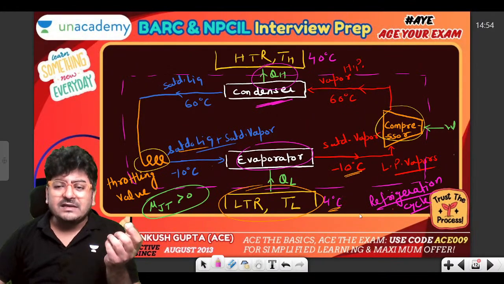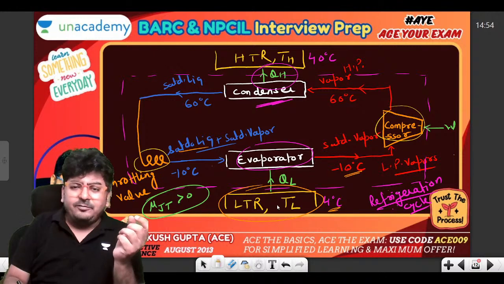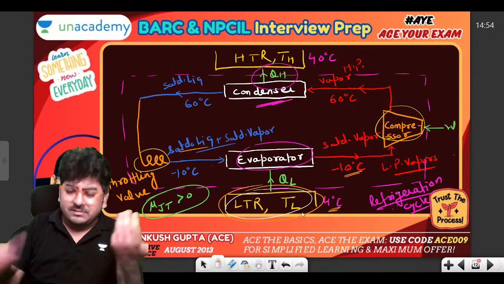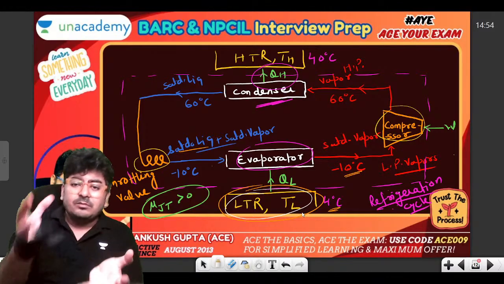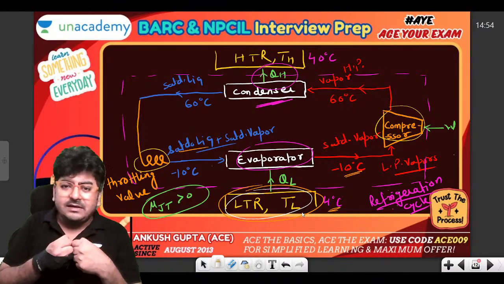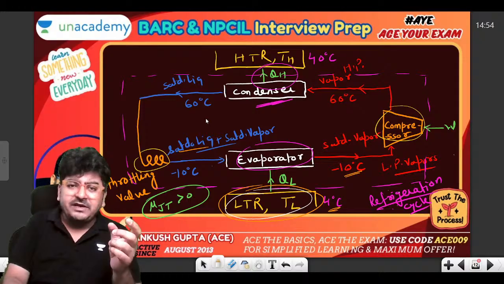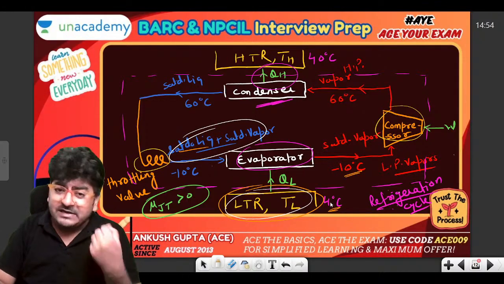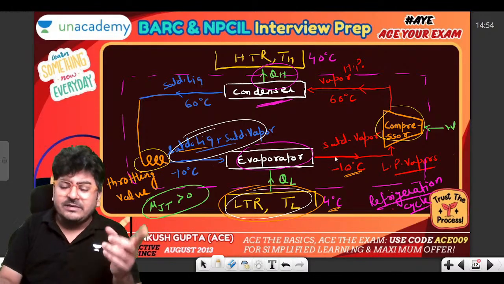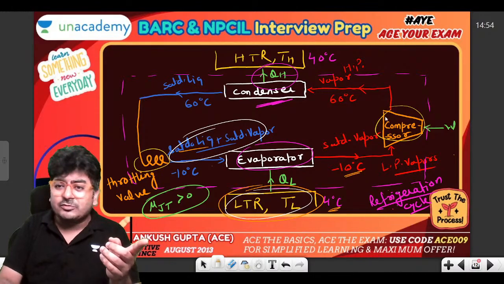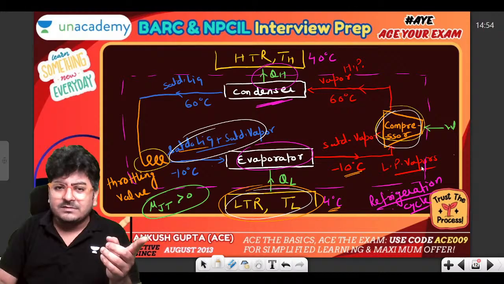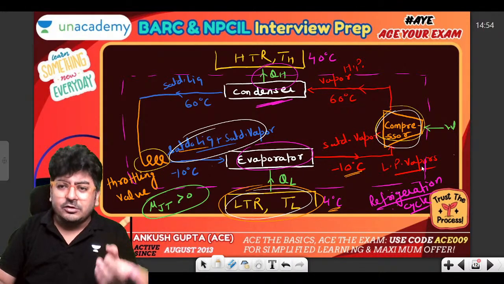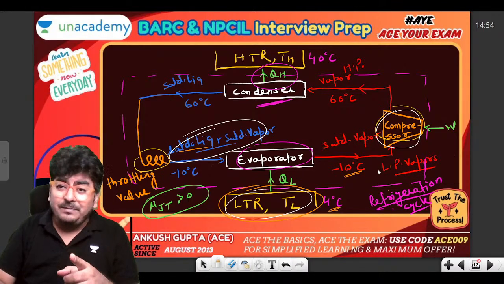अगर आपका ज्यादा एयर आ रहा है, if more and more air is coming, so more amount of QL will be absorbed by the refrigerant, and if more heat is absorbed by the refrigerant, so ultimately that refrigerant is going into the compressor. ठीक है? So what will happen?